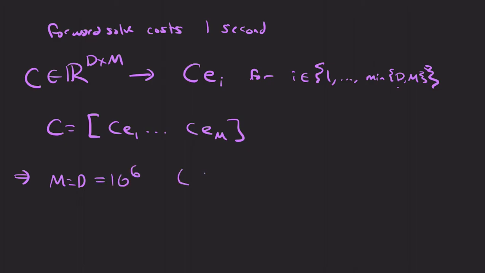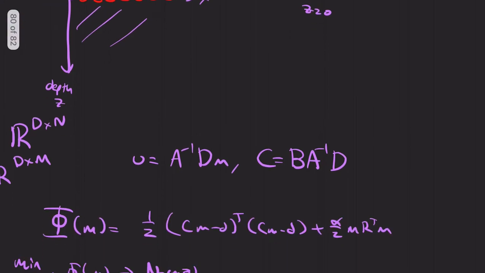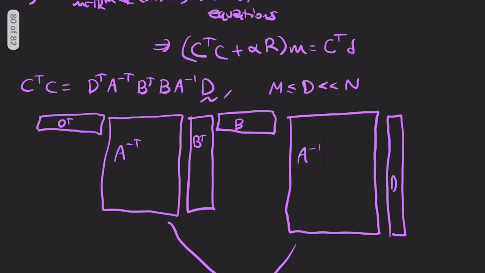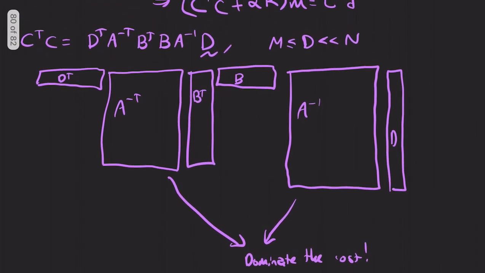Why? Because 100 times 100 times 100 is 10 to the 6th. And so we need 10 to the 6th solves in order to compute the Hessian here.